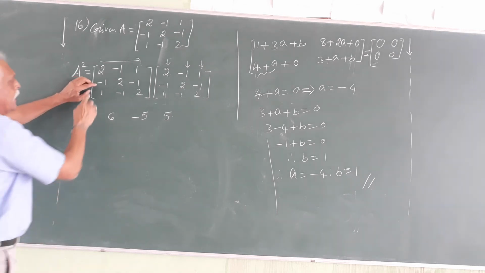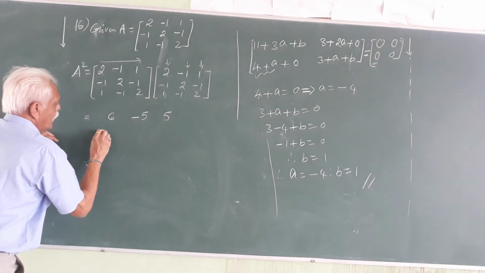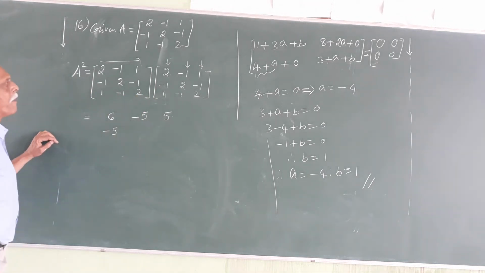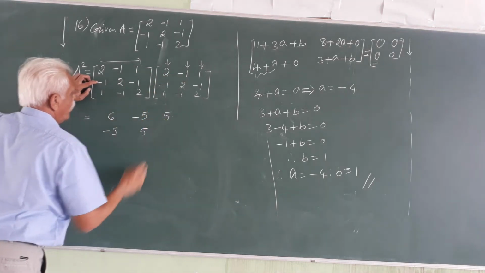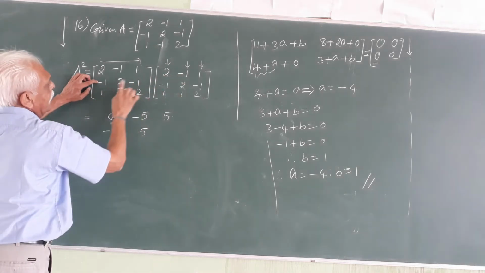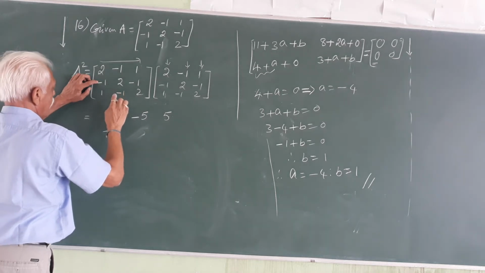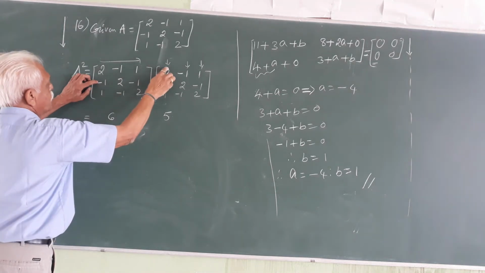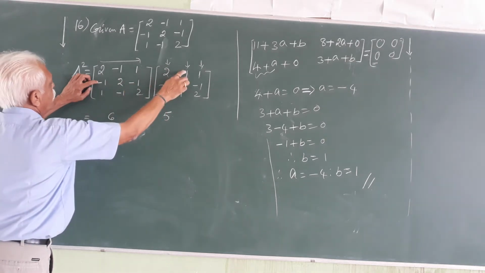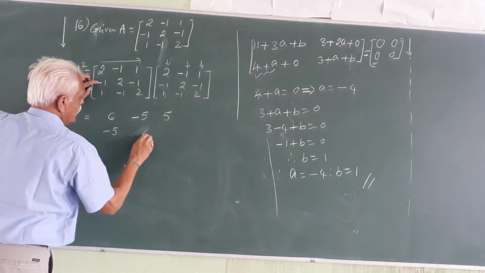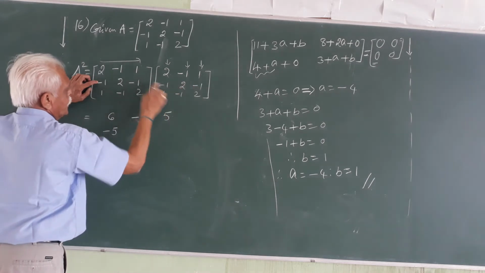Now the second row: minus 2 minus 2 minus 1, minus 5; 1 plus 4 plus 1, 6; then minus 5.